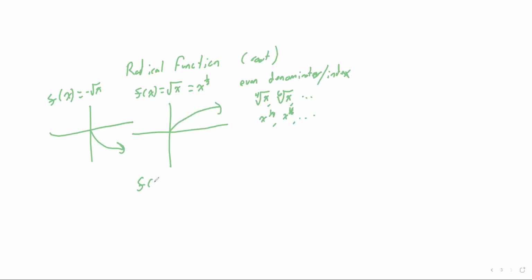The other types of radicals are, of course, your odd ones. So like the cube root of x, also known as x to the 1/3, basically takes that cubic function that looked like this and turns it sideways. So that would be a cubic, and then also a negative version of that.